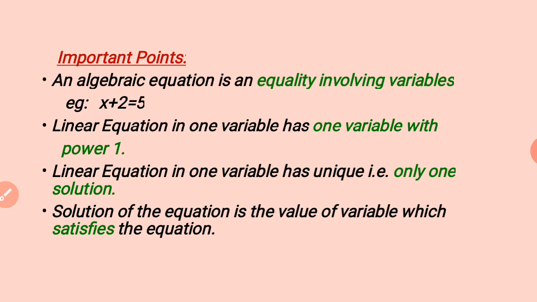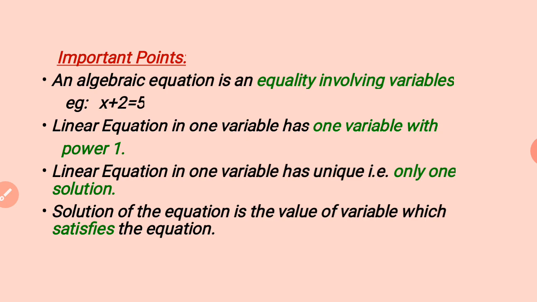But we are now talking about only linear equations. So focus on the third point now. Linear equation in one variable has unique, that is only one solution. If you think of the variable given here in the mathematical statement, x plus 2 equal to 5, you can imagine what the value of x will be.